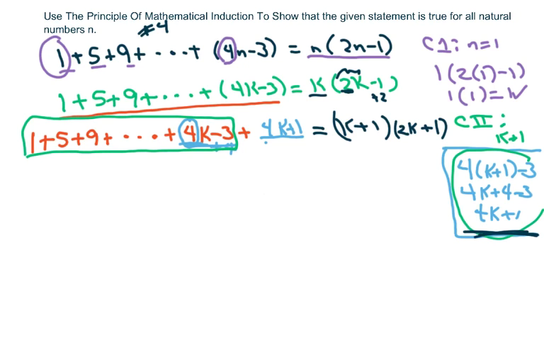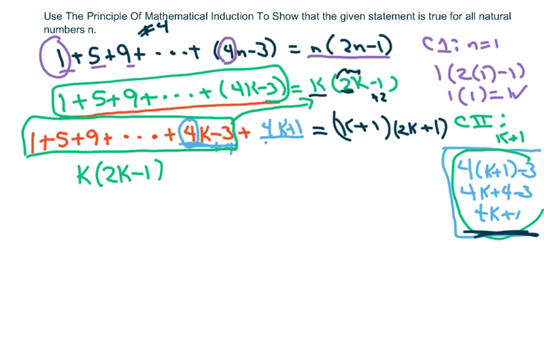So now that we've got that established, we're going to see what this equals. This is the same as this part right here, and this equals my sum here. So I'm just going to substitute and write k times 2k minus 1. I'm going to add my next term, which is right here, 4k plus 1, and it should equal that.